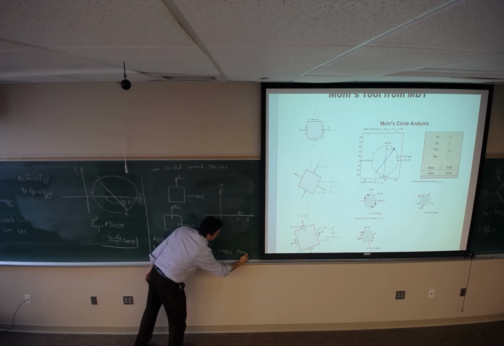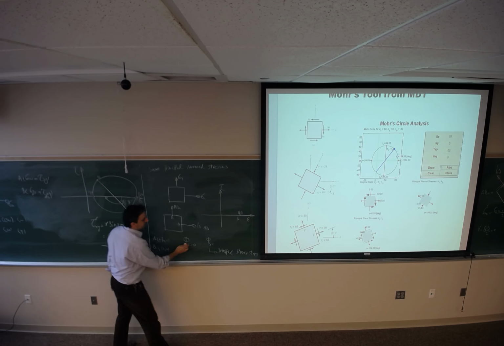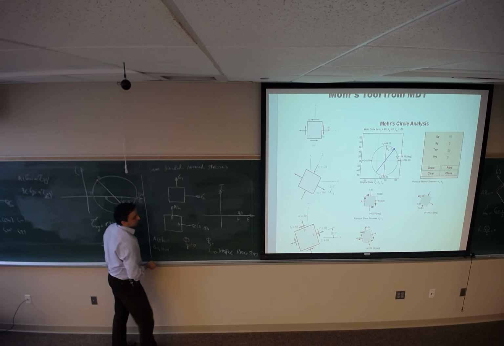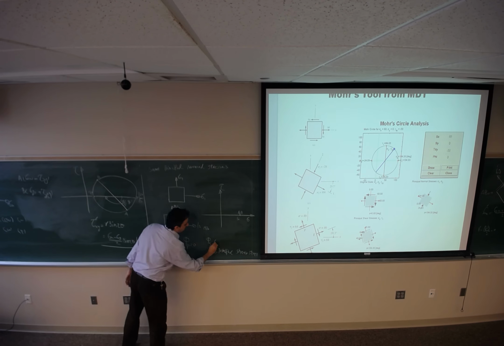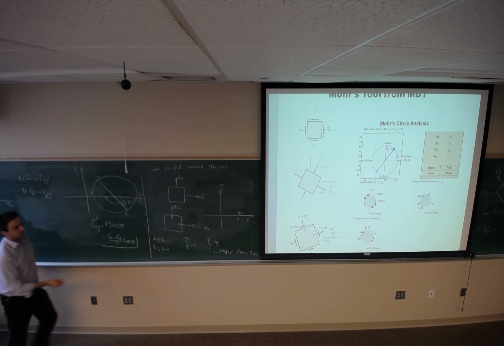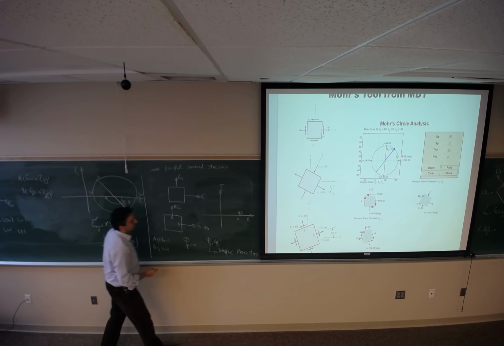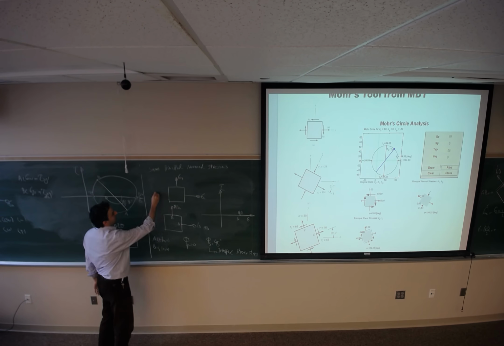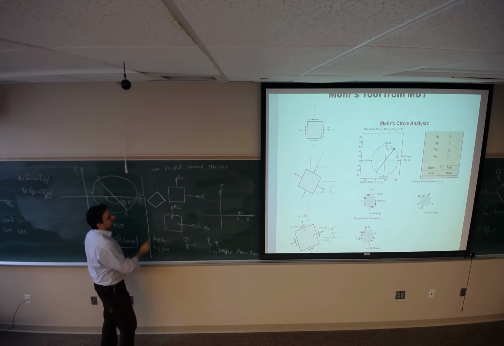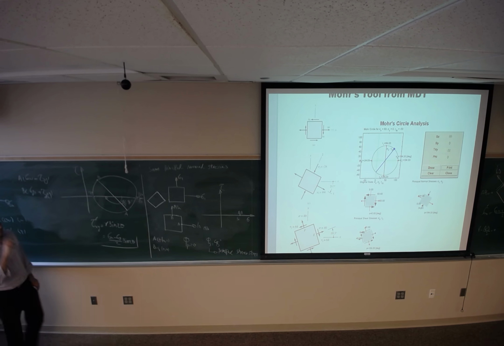You know that the difference between these two angles is 45. So phi s is going to be 45 degrees. If I rotate this by the angle of 45 degrees, I will get principal shear stresses.